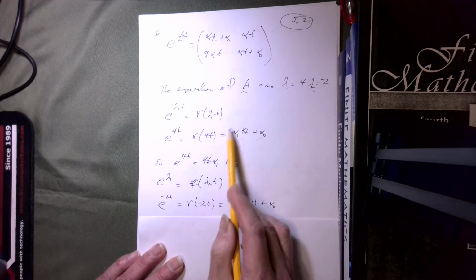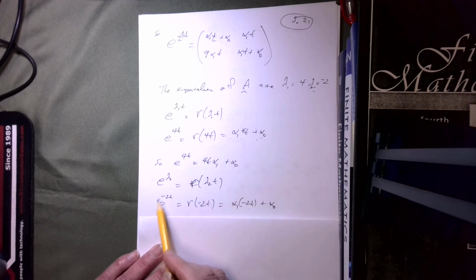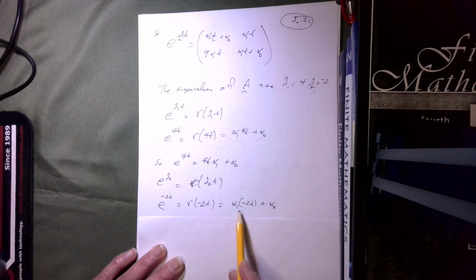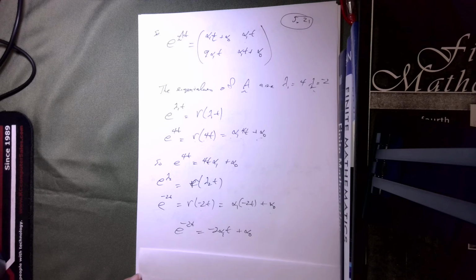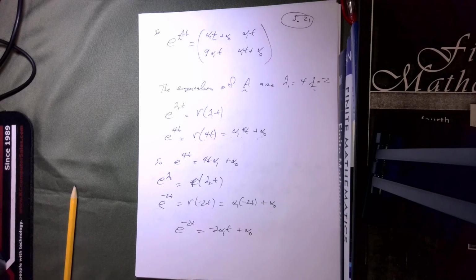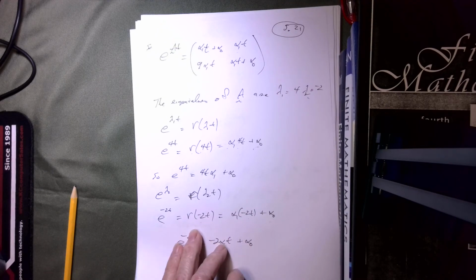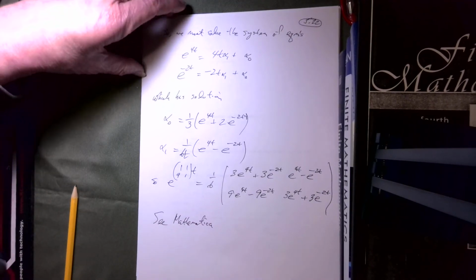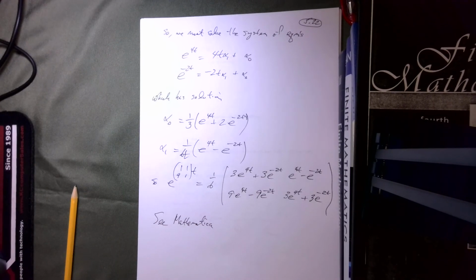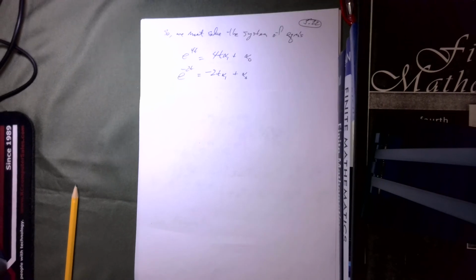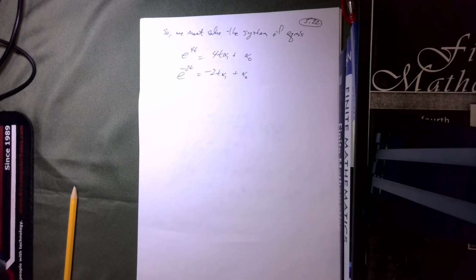Now you have the two equations in the two unknowns, alpha naught and alpha 1. So we have this equation and we have this equation, which we now have to solve for alpha naught and alpha 1. So it turns out, obviously you're going to be doing some homework to do this, and I show you how to do it.